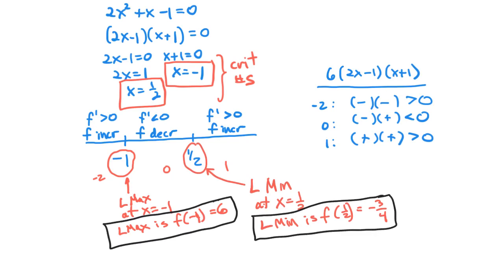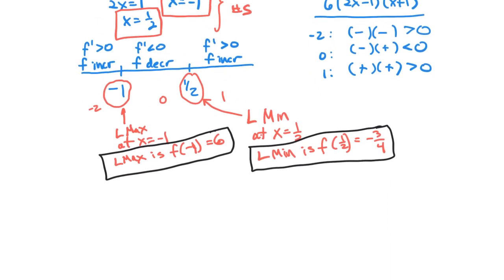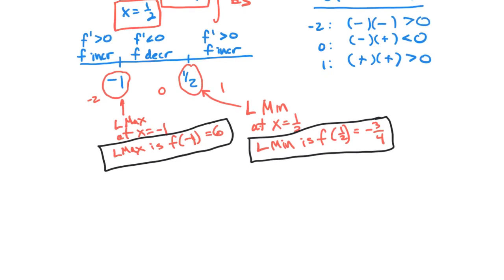But they also asked us about where the function increases or decreases. Looking here, we can see the function's increasing on this interval and also on this interval. So we can say that f increases on negative infinity to negative 1, and also, or you could put a comma, however you want to do this, 1/2 to infinity.